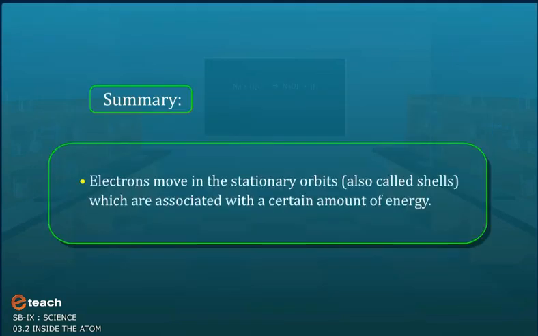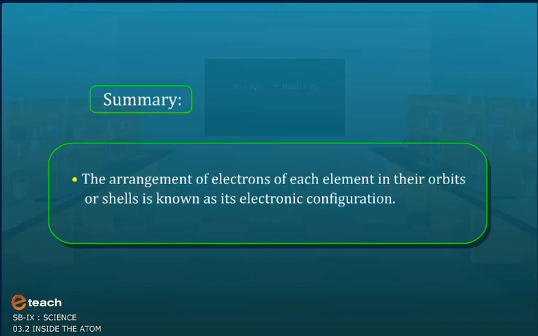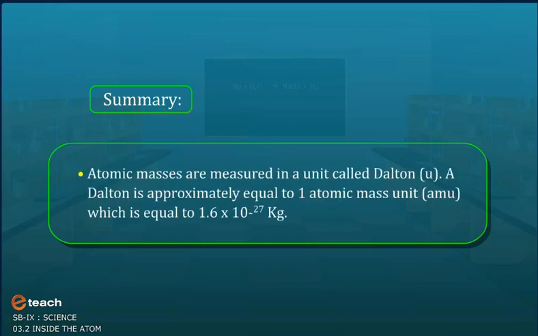Summary. Electrons move in the stationary orbits, also called shells, which are associated with a certain amount of energy. The arrangement of electrons of each element in their orbits or shells is known as its electronic configuration. Atomic masses are measured in a unit called Dalton, that is u.